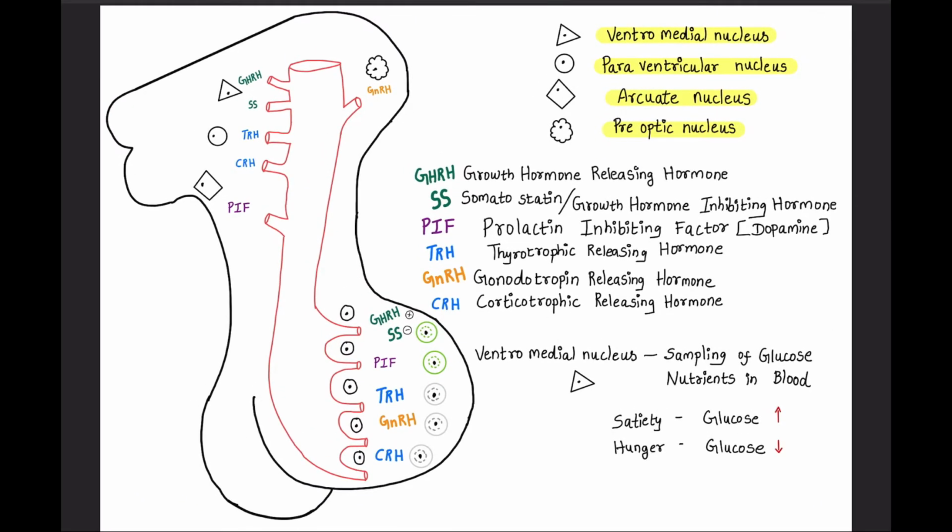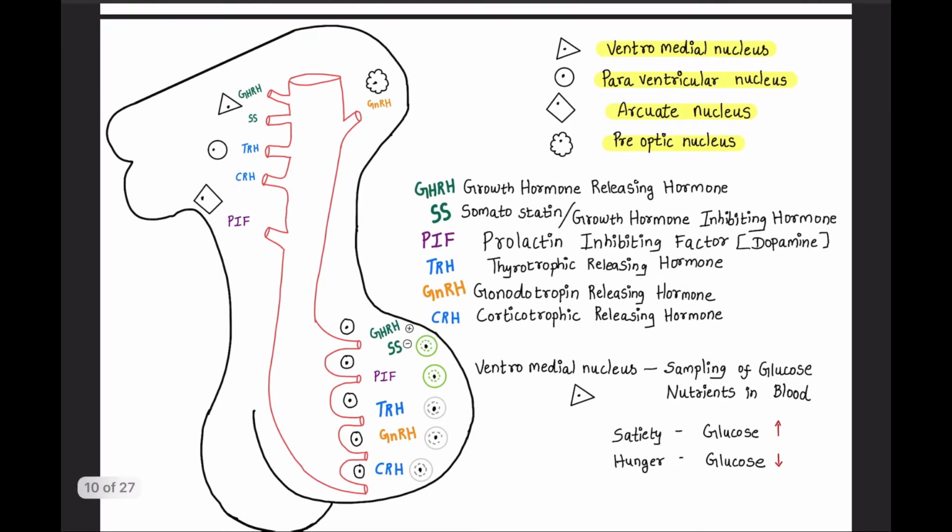So what is the function of the ventromedial nucleus? Why are we studying this ventromedial nucleus? Because from this nucleus the growth hormone is released or inhibited. What is its function? The ventromedial nucleus is very helpful in the sampling of glucose in the blood and also other nutrients in the blood.